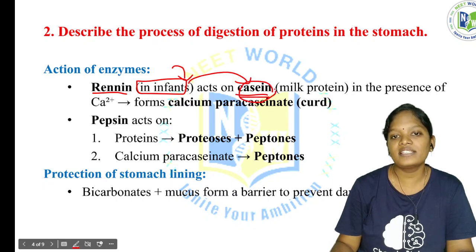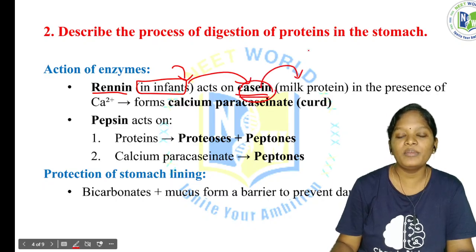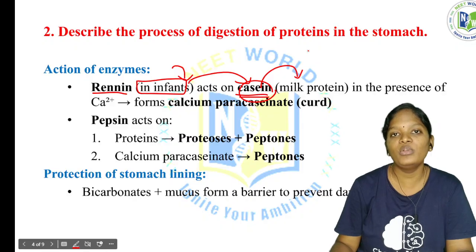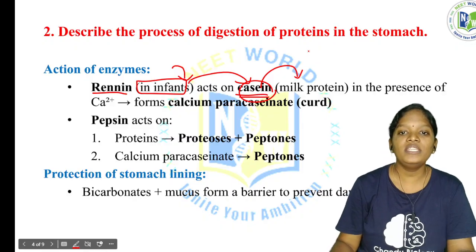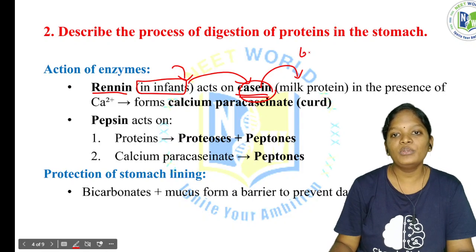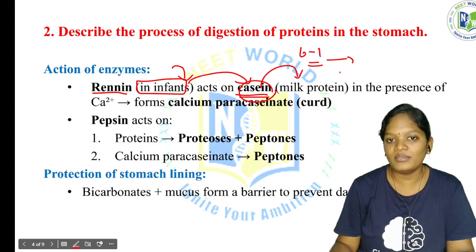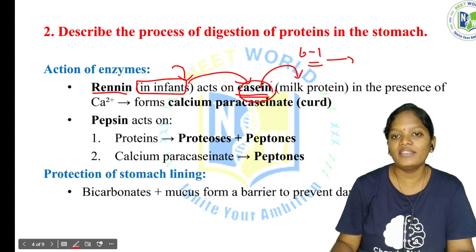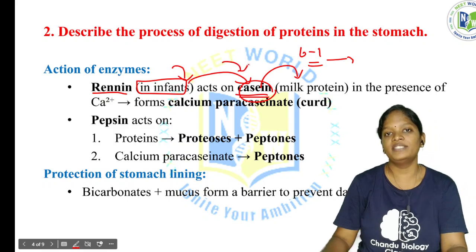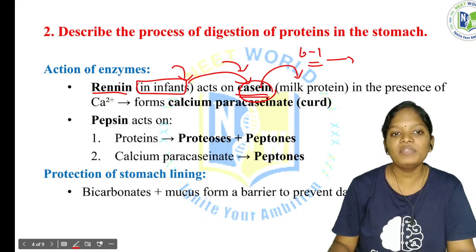Casein is considered a milk protein. We know that most babies depend only on milk. Up to 6 months to 1 year, babies depend on milk, so they have to digest the milk, and for that they have casein protein, which means this renin.